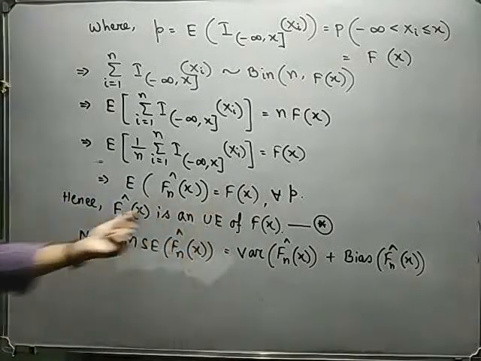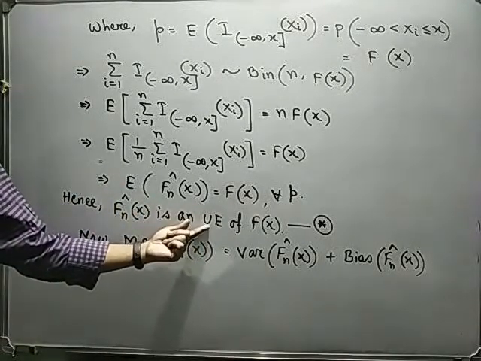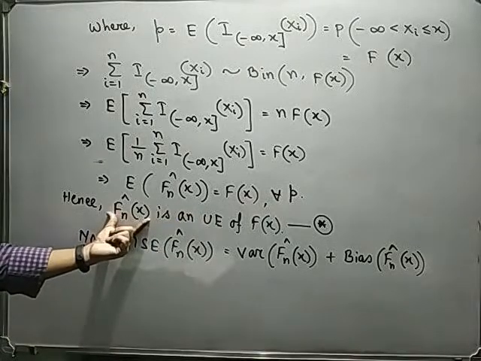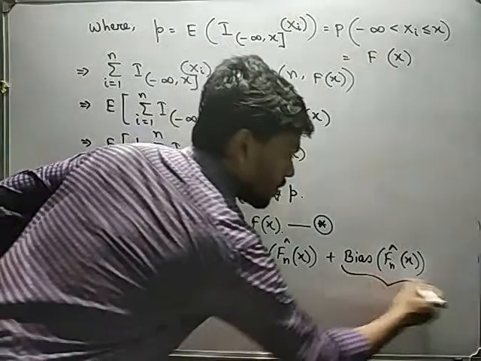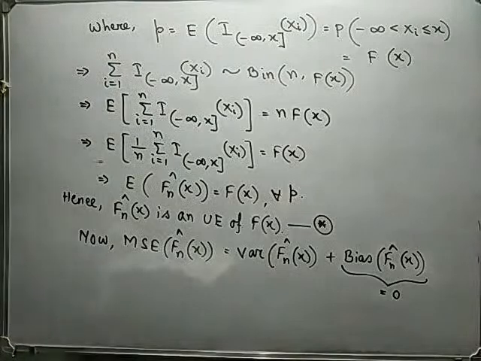Let us denote this by star. From star, as Fn hat x is an unbiased estimator, the bias is exactly equal to 0.